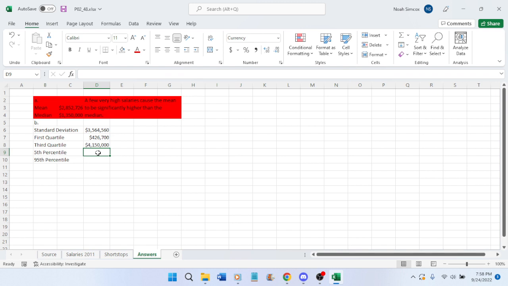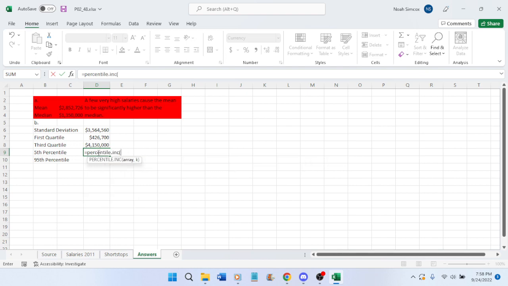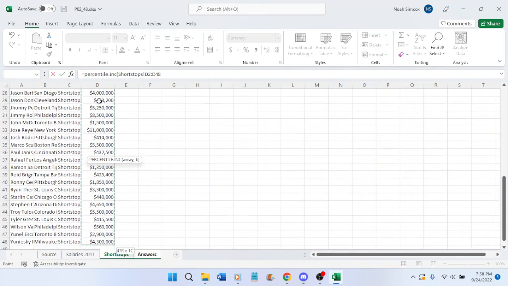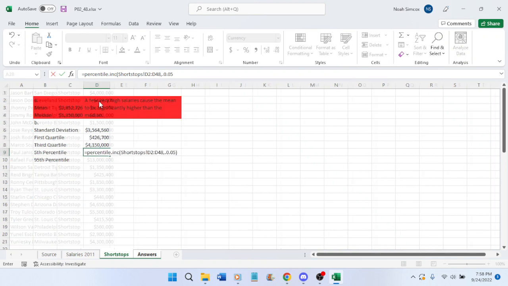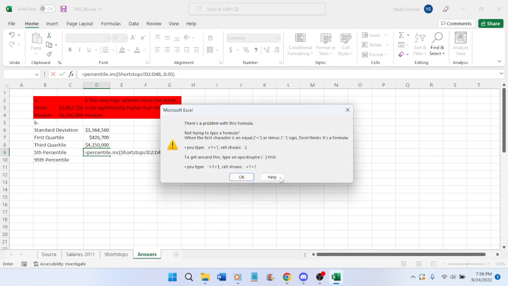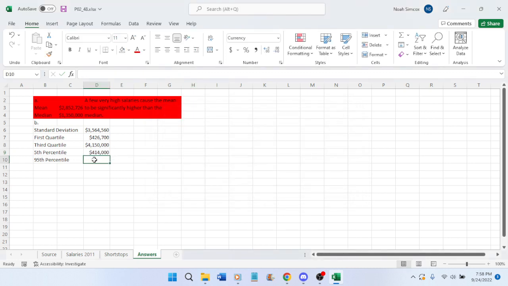Fifth percentile. What was my typo? Shortstops. 95th.